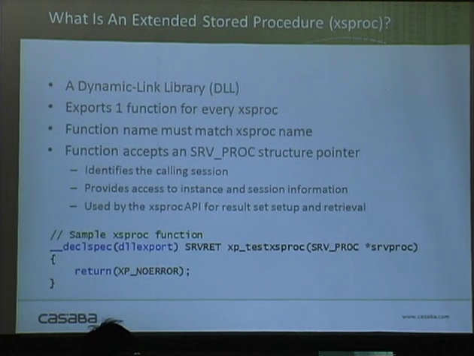An extended stored procedure is just a DLL. It just has some special features to it. It exports specific functions, one function per extended stored procedure name that you're going to have. The function has to be named the same as the extended stored procedure. So if you look at the default Microsoft ones, you have XP command shell.